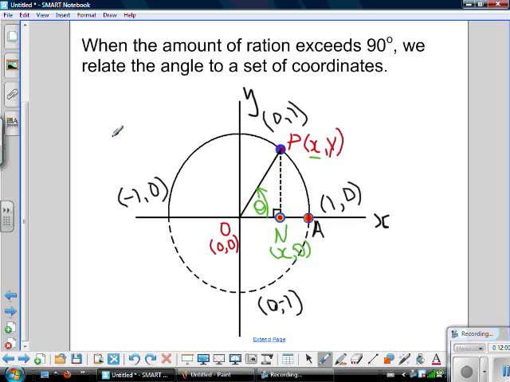Now, having said that, we also know that this point over here will have a y value that's the same as the y-coordinate of point P. So now when I look at this, we know an awful lot about this triangle inside here.